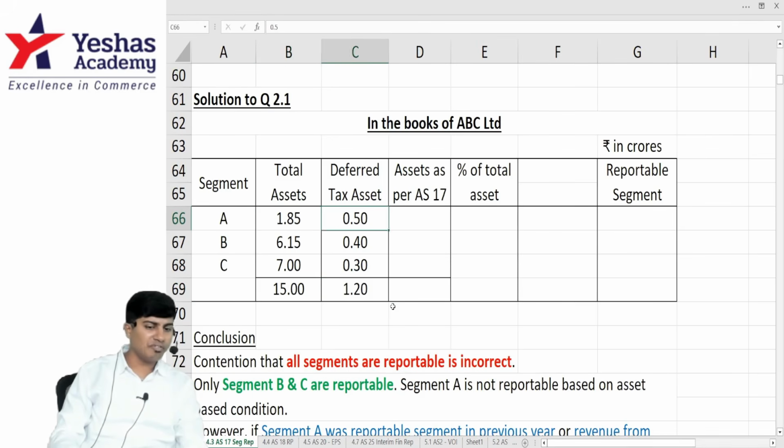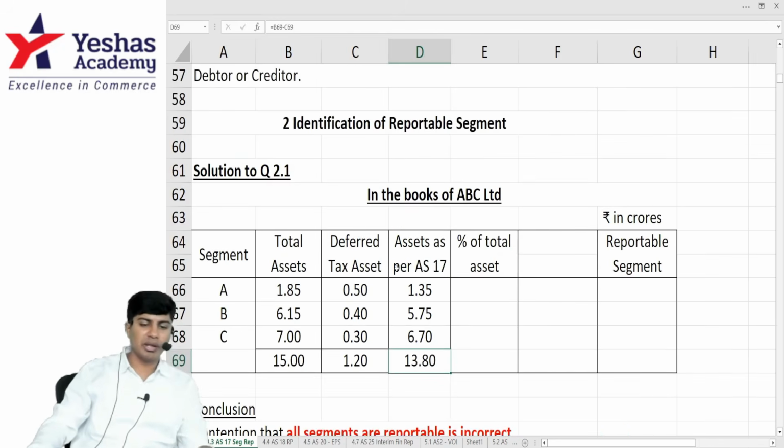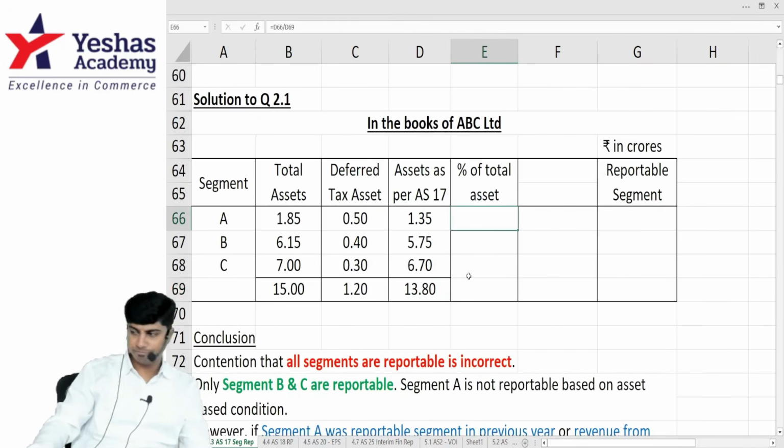Now from 1.85 deduct 0.5, that is 1.35. From 6.15 deduct 0.4, that is 5.75. From 7 you deduct 0.3, that is 6.7. This should be considered for the segment asset 10% criteria. Total is 13.8. Now do 1.35 by 13.8 into 100.